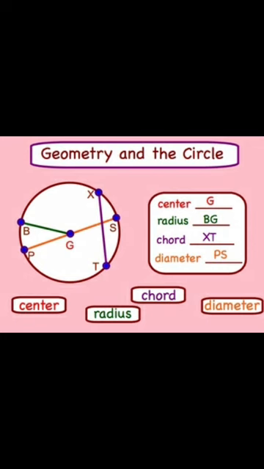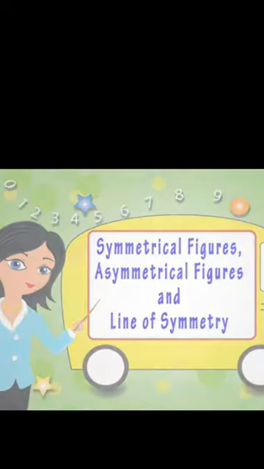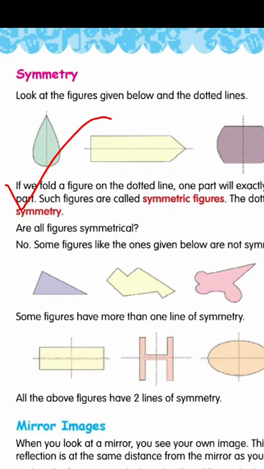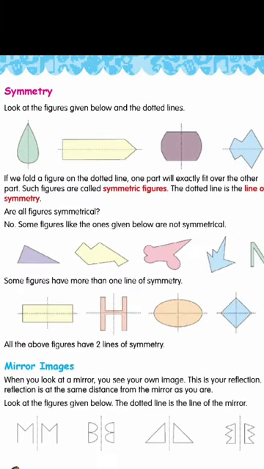Now our next topic is symmetry. In symmetry we are going to read symmetrical figures, asymmetrical figures and line of symmetry. Now if we fold a figure on the dotted line and one part will exactly fit over the other part, such figures are called symmetric figures.